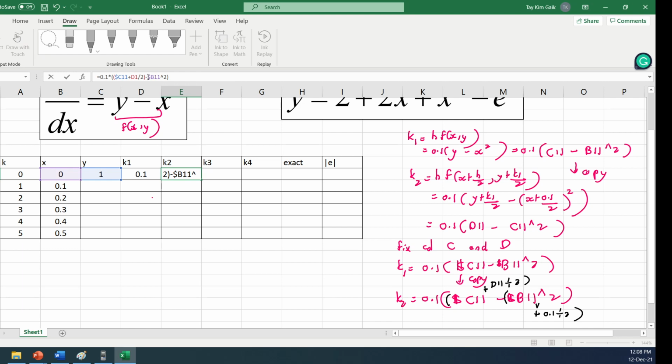And for x, before the dollar, open the bracket. So x is cell B11 plus h, which is 0.1, divided by 2. Close it, then you power 2. And to tally, we round everything to 4 decimal places.